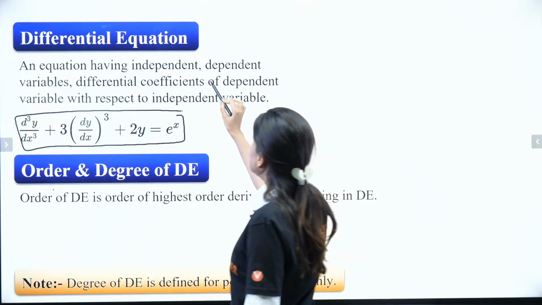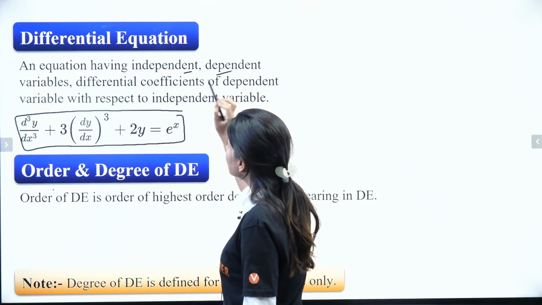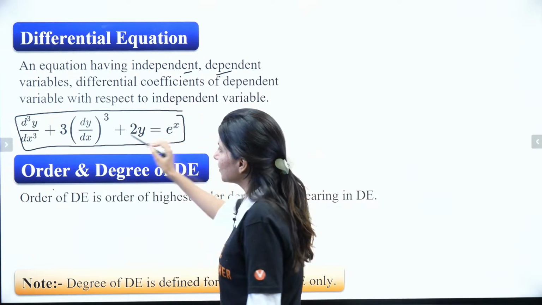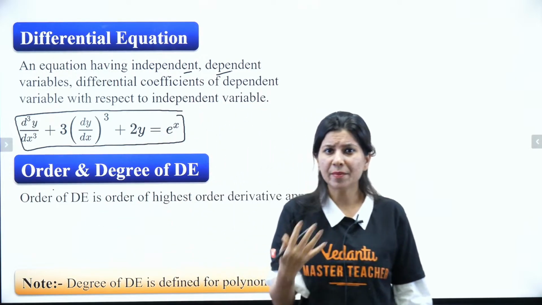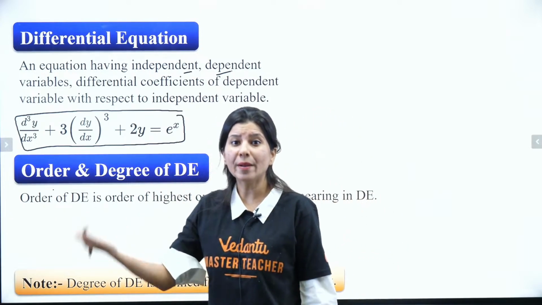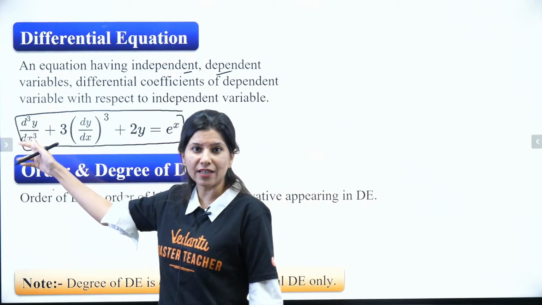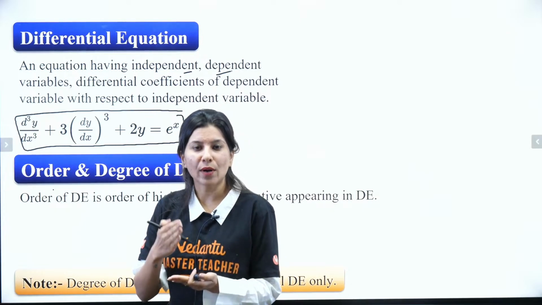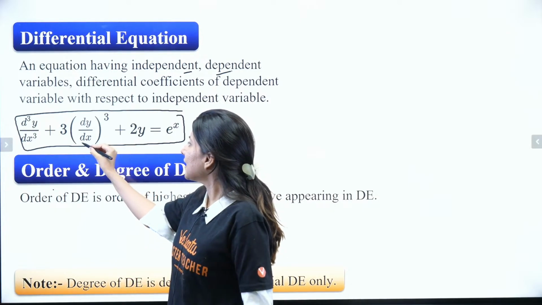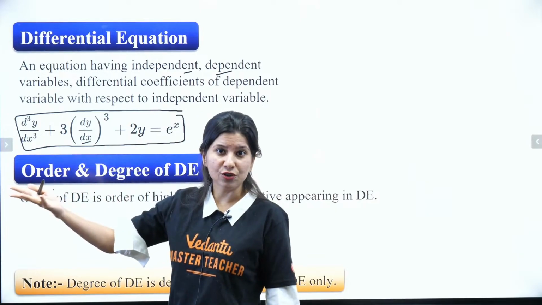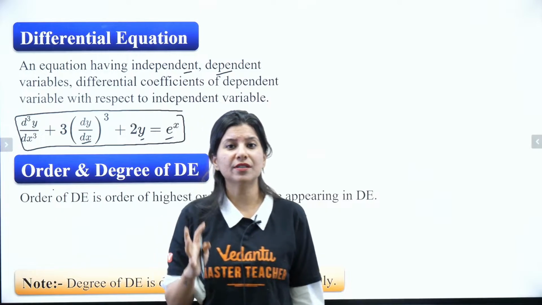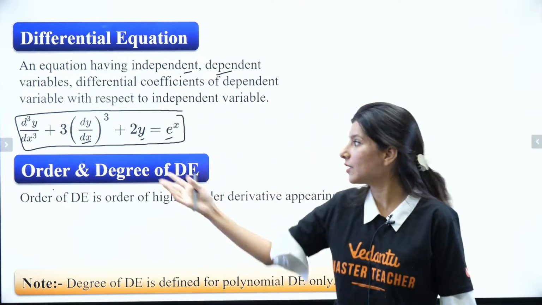An equation having independent and dependent variables, and differential coefficients of the dependent variable with respect to the independent variable. So it will have dy by dx, it can have d2y by dx2, and y triple dash. So it can have y, it can have y dash, y double dash, y triple dash. Then it can have powers of y dash or y, just like this. And it can have functions related to your independent variable, just like this.